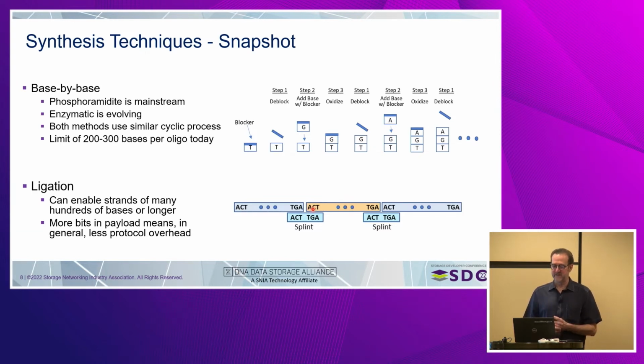There are debates going on about whether smaller oligos are better in general or longer ones, but one thing about having longer oligos is you have more bits, so your protocol overhead is lower, just like you're used to. The industry is evolving on what's the best way to build DNA molecules.